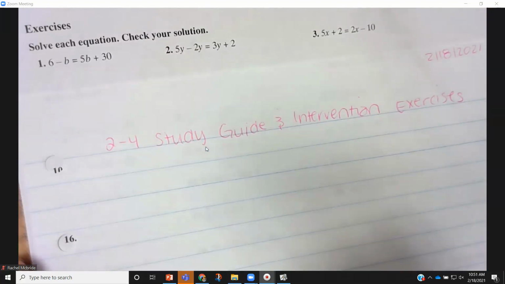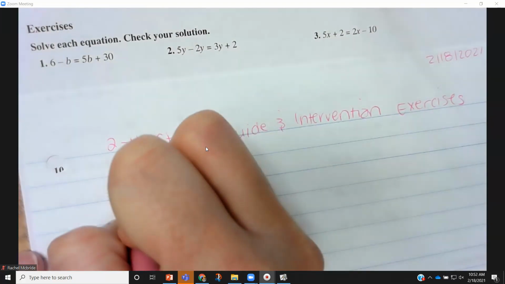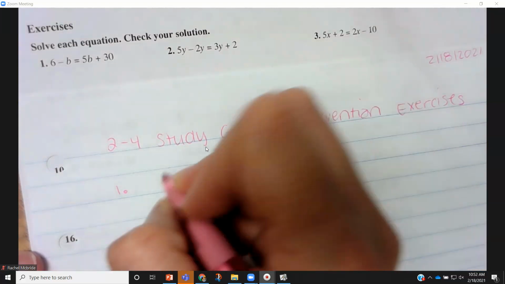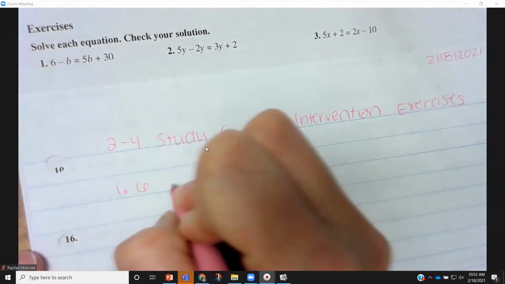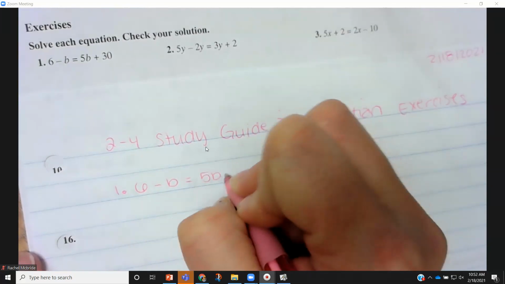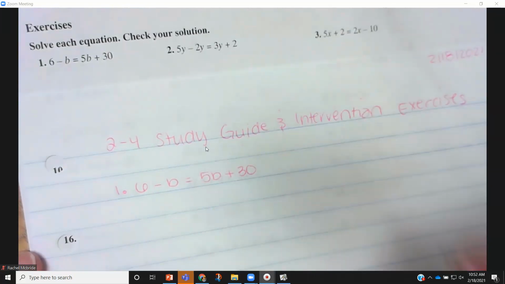And then we're going to work through some problems. Number 1: 6 minus b equals 5b plus 30.